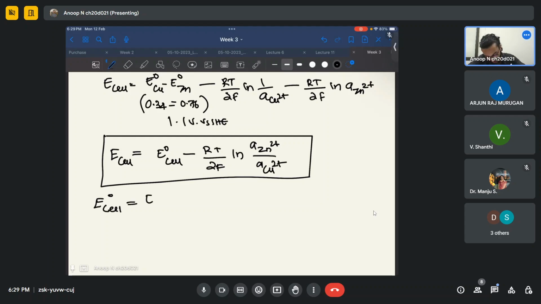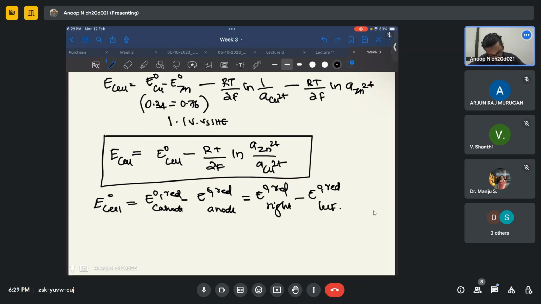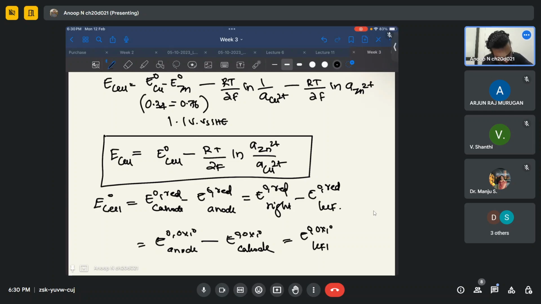E0 cell is equal to E0 cathode reduction form minus E0 reduction anode, or we can write it as E0 reduction right minus E0 reduction left, or we can write it as E0 oxidation anode minus E0 oxidation cathode, which can also be written as E0 oxidation left minus E0 oxidation right.